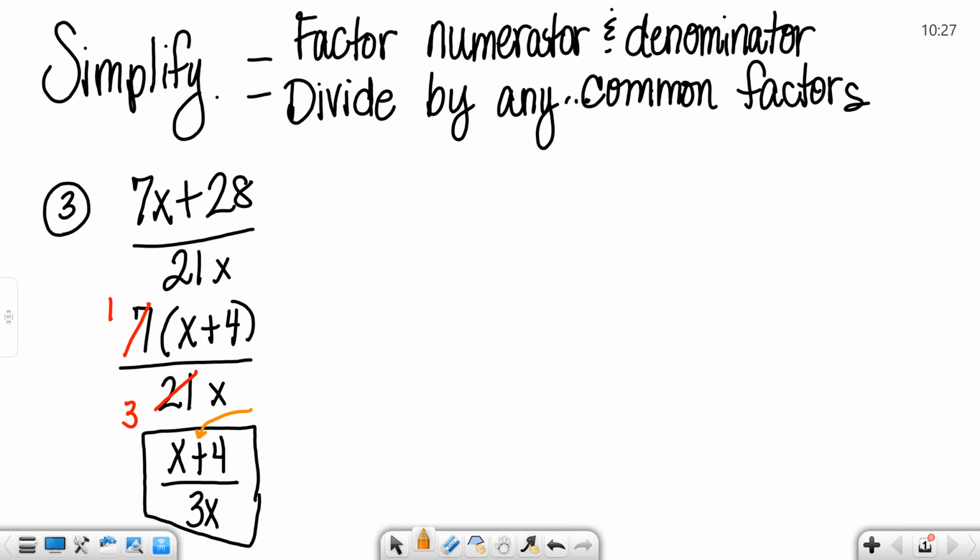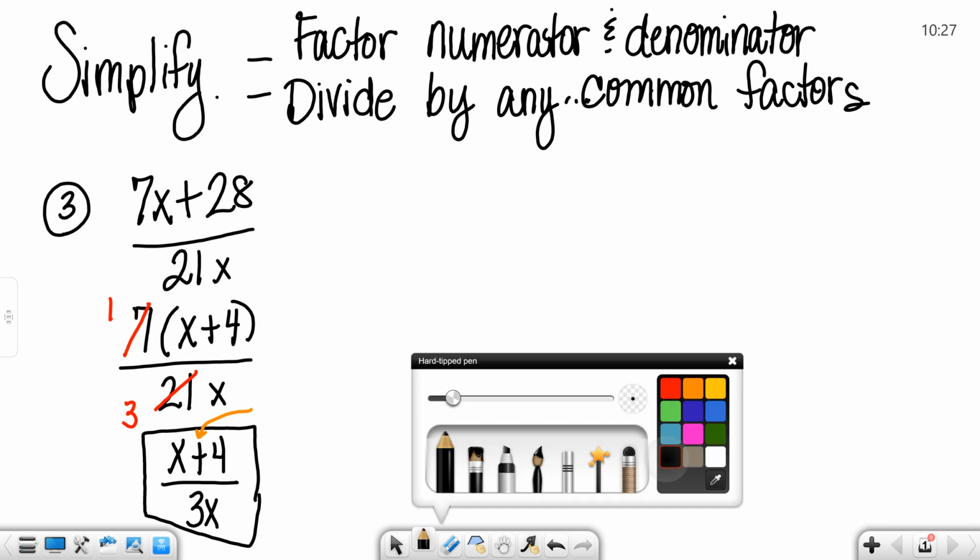They cannot be broken. All right, so when I look at it, x is no longer alone. It is x plus 4. It's no longer just x and no longer just 4. It is x plus 4. So you cannot simplify the x over the x. That will not work in this case. All right, let's try another one.